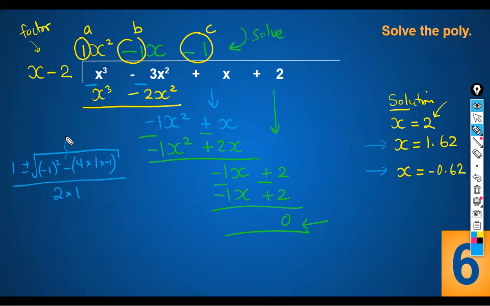Underneath the square root sign, the discriminant, that's before you square root it, you were supposed to get 5. So double check that. Right, so these are our 3 solutions.